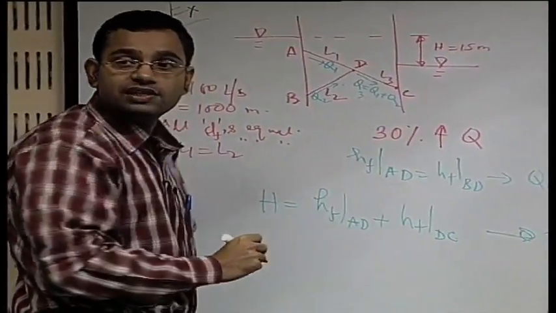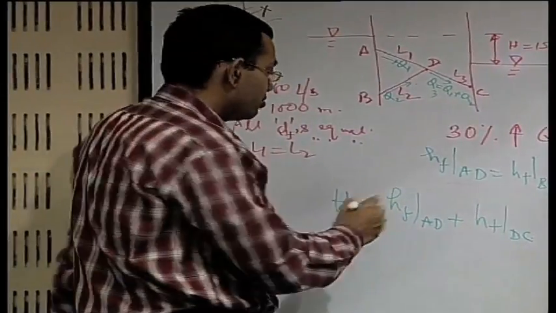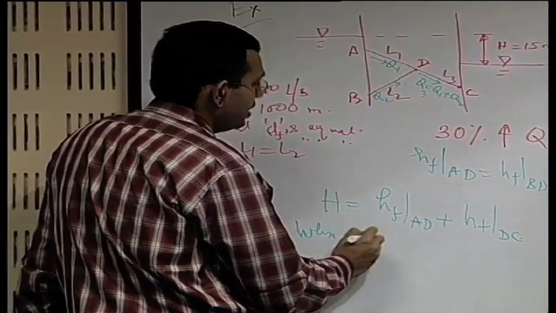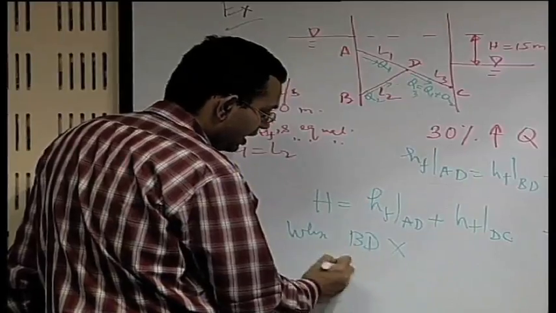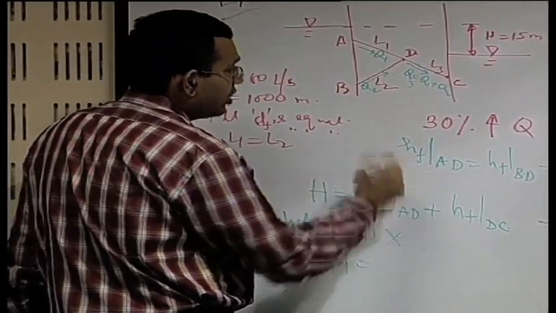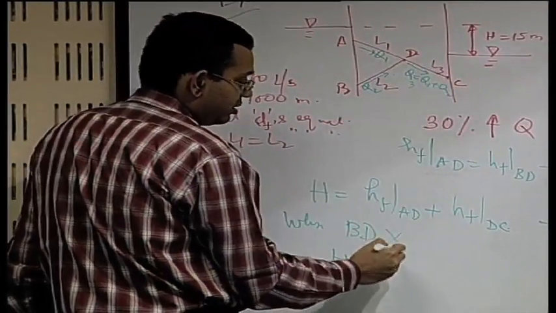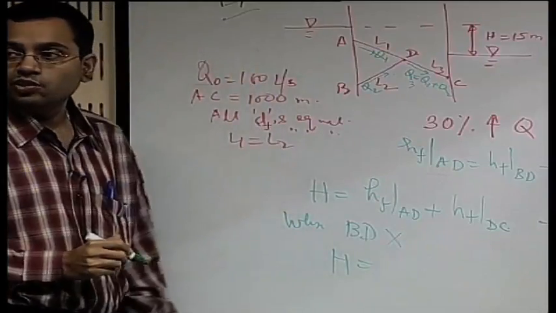And when this branch system was not there, the head loss would still be the same. So, when BD is not there, the head loss is the head loss for the length AC with the original flow rate Q0.